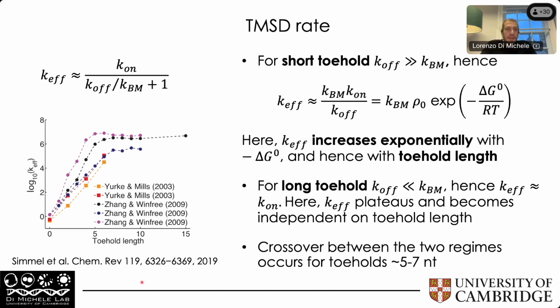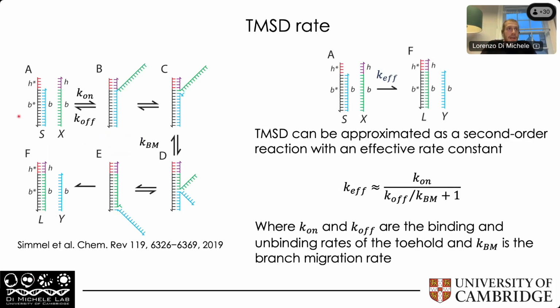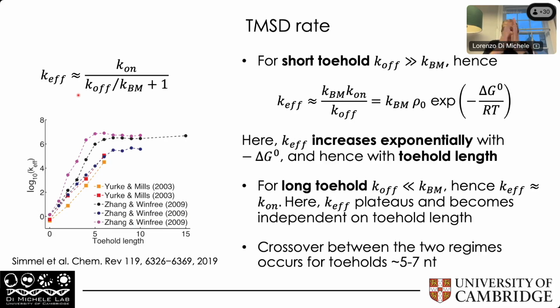So read about this in this review, but the only point that I wanted to make is that with this toehold mediated strand displacement, it turns out that by just changing the length of the toehold, so changing the length of this H domain or H star domain, you can change the rate of this switching between two different DNA duplexes by over 6 orders of magnitude.